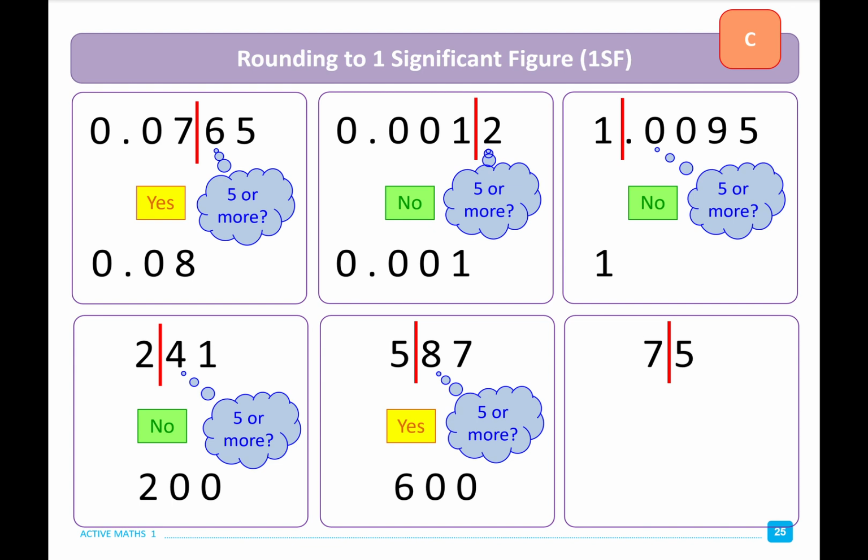Keep your first largest value and all other numbers will go to 0. Look at your second value to see whether it is 5 or more. It is, therefore we round up. 75 is closest to 80. Please pause and take down these examples.